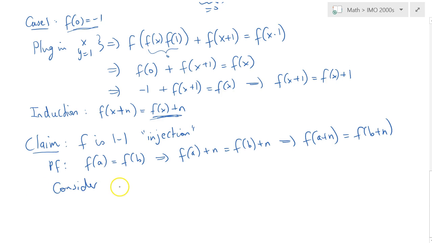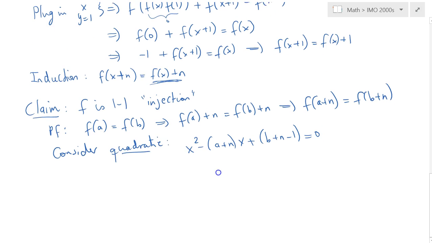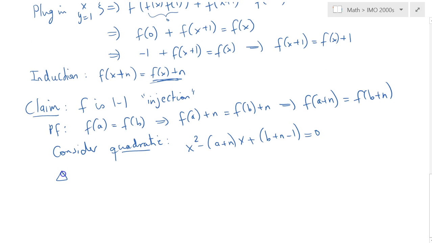And now I would like you to consider the following quadratic polynomial: x squared minus (a plus n) x plus (b plus n minus 1). If you are investigating its roots, it's a good idea to start with the discriminant and to ensure that the discriminant is greater than 0.